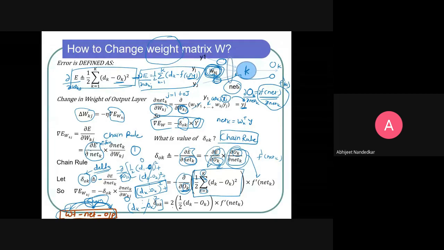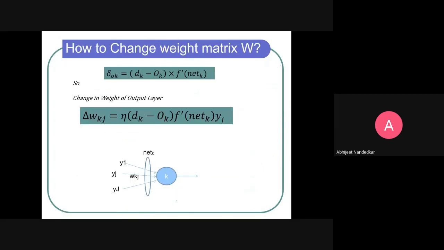I think there should be a minus here, and this minus and this minus will cancel out, so it will be plus. So finally I got this delta Ok, and it is (dk minus Ok) into f dash of net.